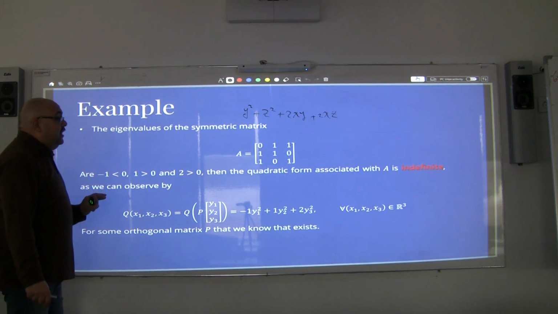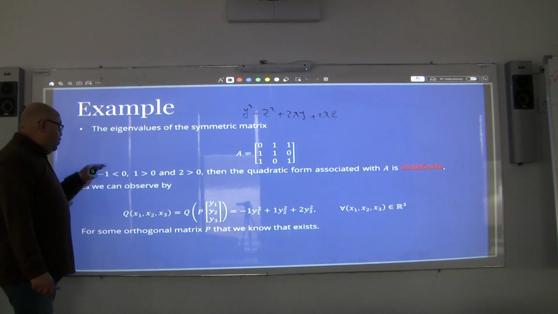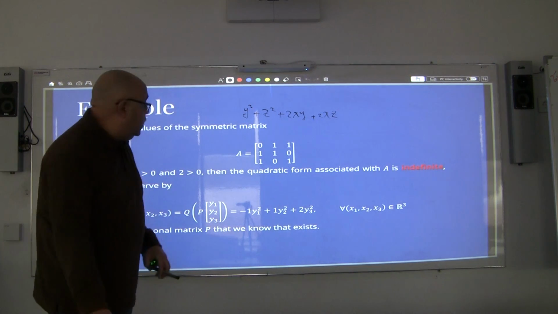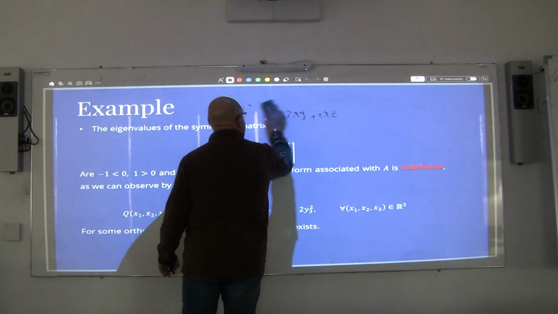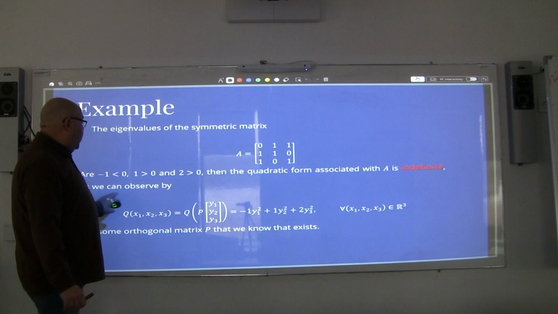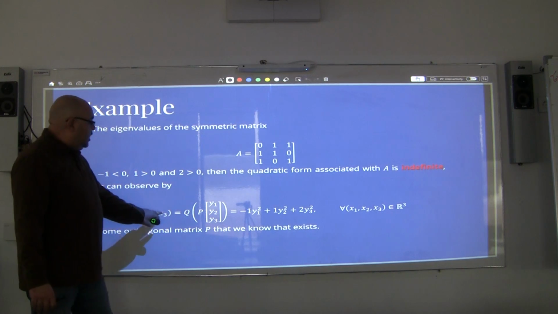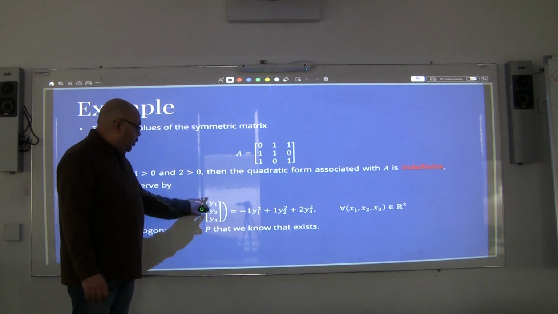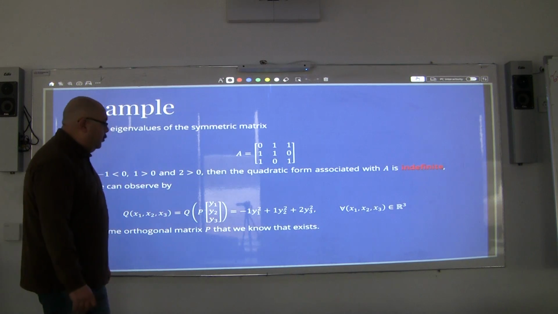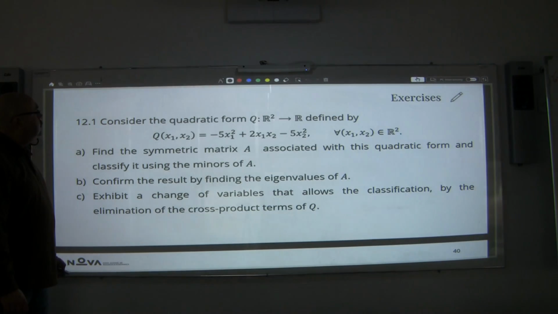If I want a diagonalization for this matrix by making a change of variables, I can use lambda 1, lambda 2, lambda 3 to get my change of variable. Once more, as we can observe, q of x1, x2, x3 is going to equal q times v of y1, y2, y3, and it will leave you with this case.